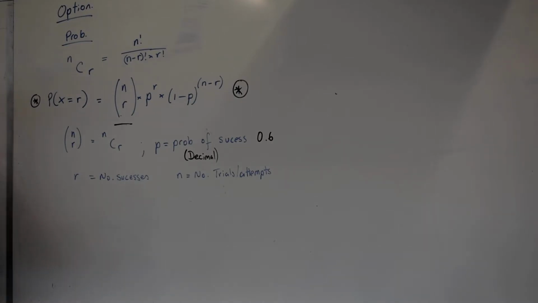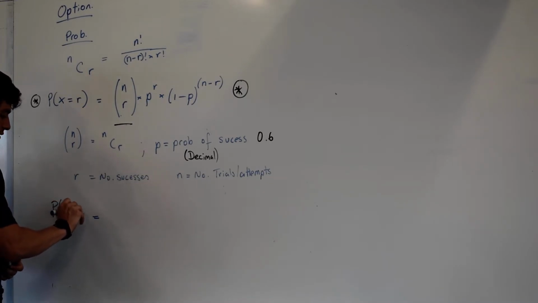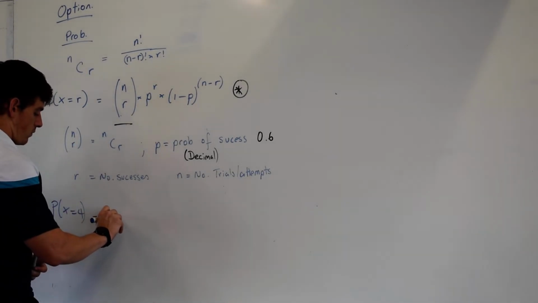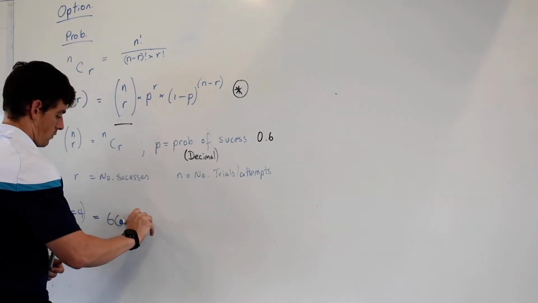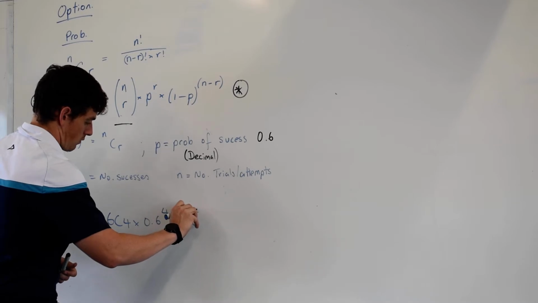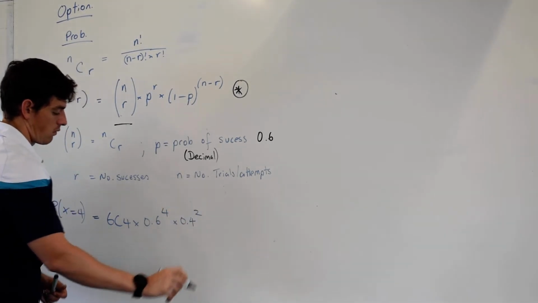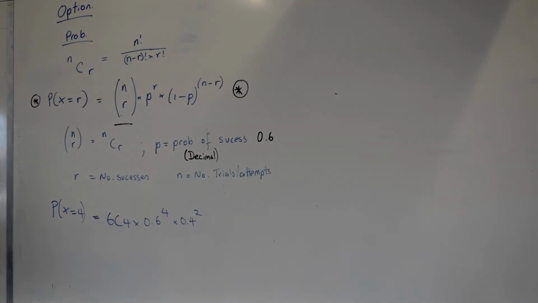Now when you hit that, it doesn't come up like this, it just comes up as the letter C. You put n before and you put r afterwards. So our equation, when we put it in our calculator, should look something like this. Other way around. And that's all we have to do.